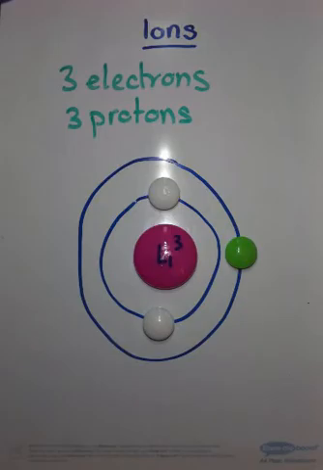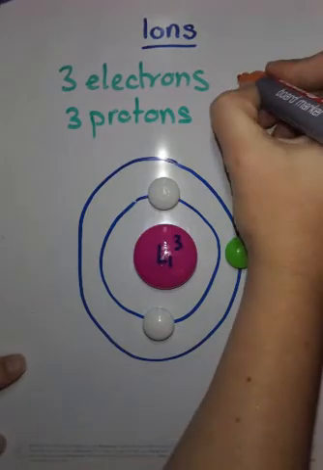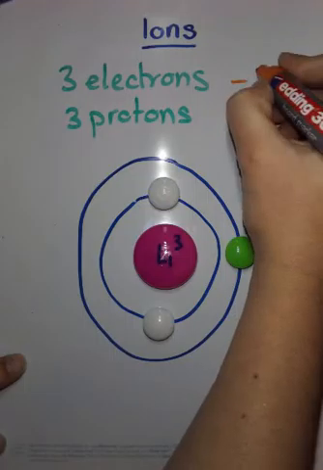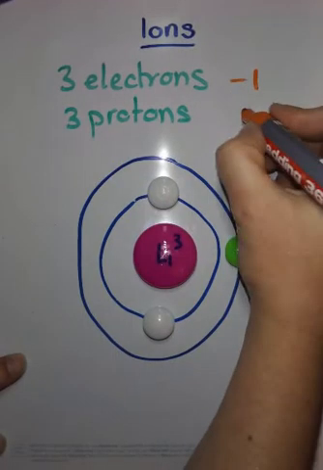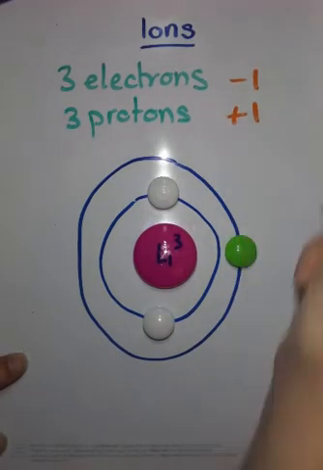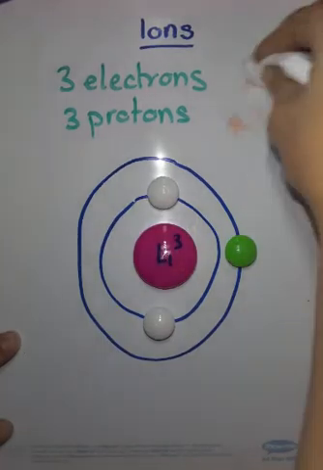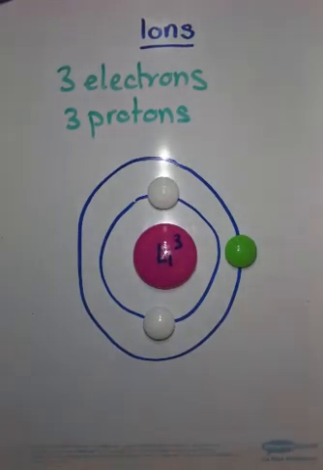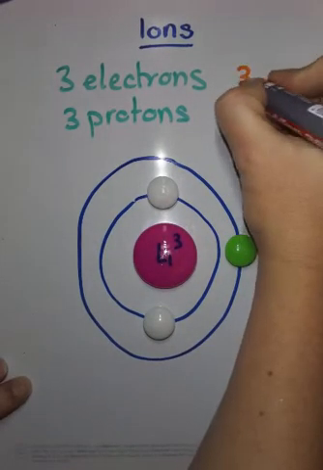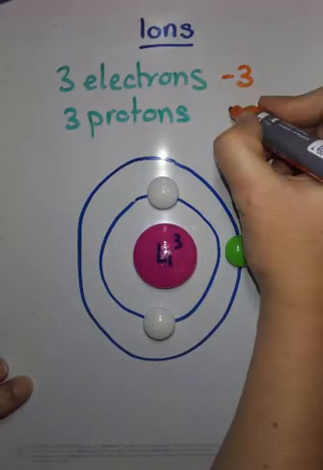So remembering that electrons each have a charge of 1 negative, and our protons each have a charge of 1 positive. So in total, if we've got 3 electrons, we're going to have a charge of 3 negative, and we're going to have a charge of 3 positive for 3 protons. So total we've got 3 negative and 3 positive.